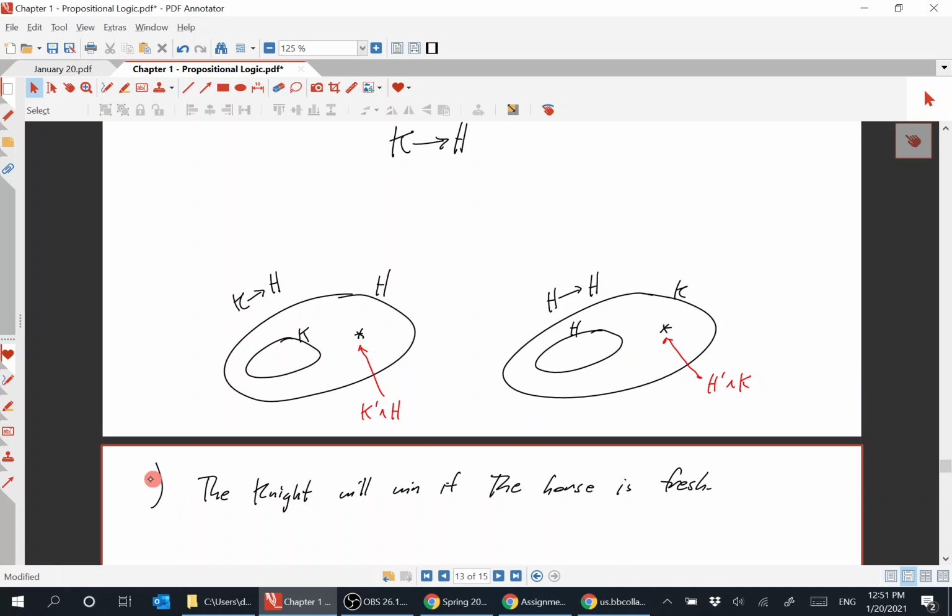And let's change this to part C. Sorry guys, it's so loud here. The knight will win if the horse is fresh. Again, it's an implication. It's either K implies H or H implies K.